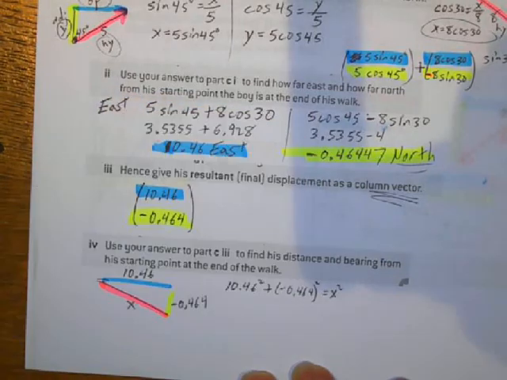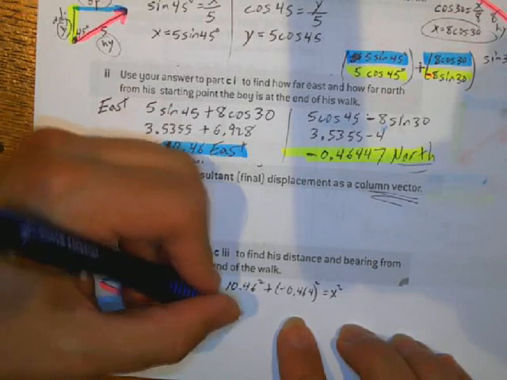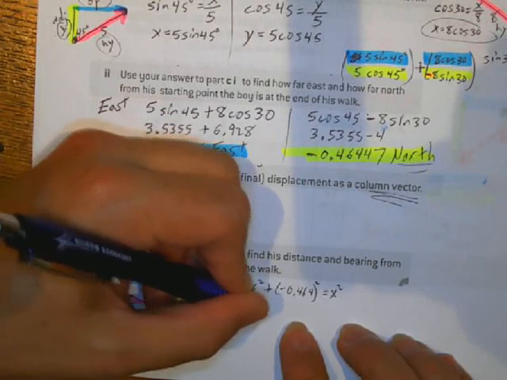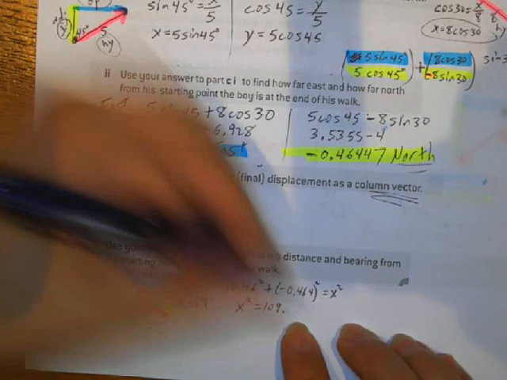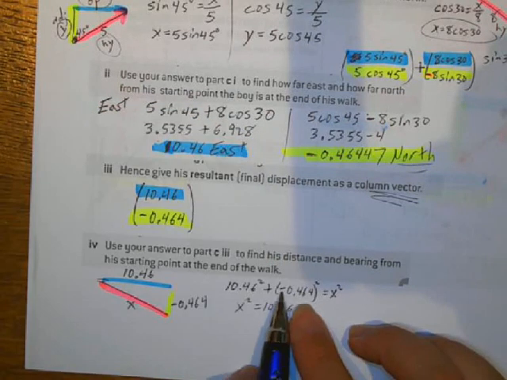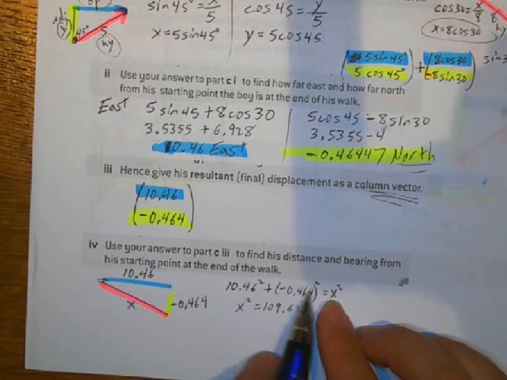And we end up with x squared equals 109.627. One of the mistakes I saw somebody make in class today was when you've got a negative number squared, that's going to give you a positive answer.